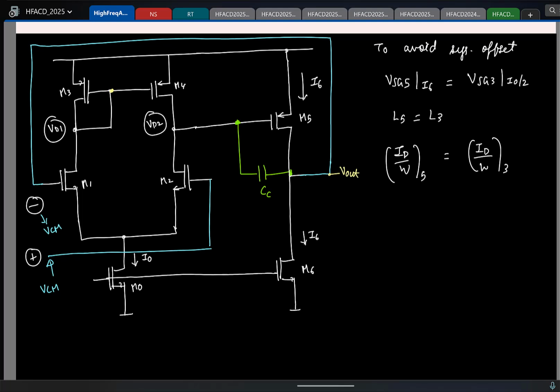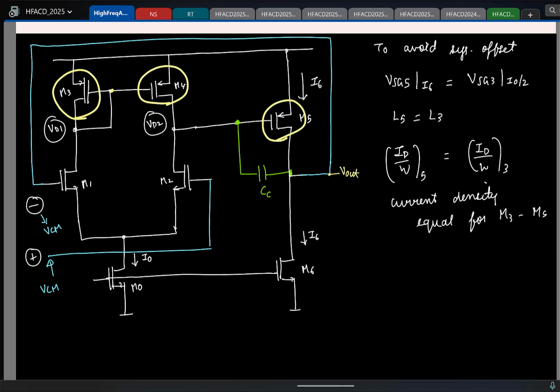So this is the design choice you have to do. You keep the same current density for the PMOS transistors, right? So which means I should have the same current density for M3, M4 and M5, right? I'll just mark it here wherever I can mark it.